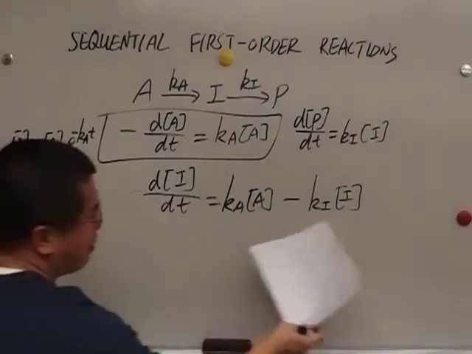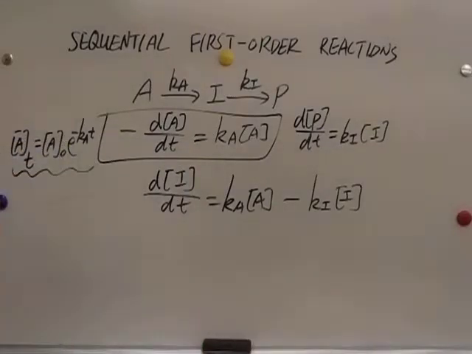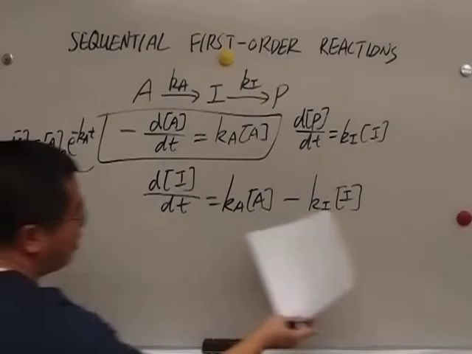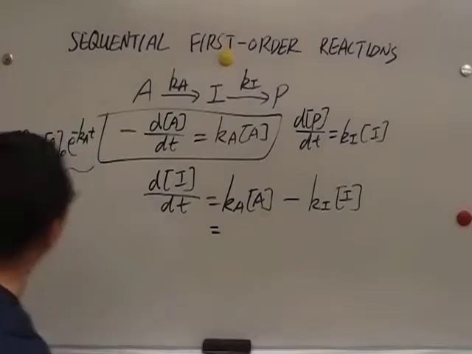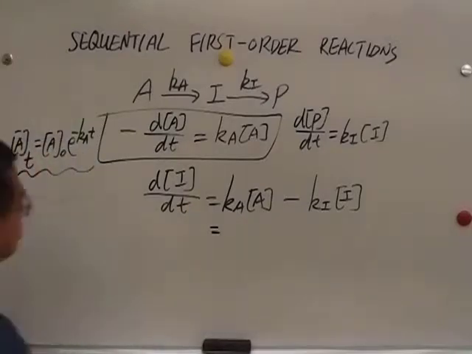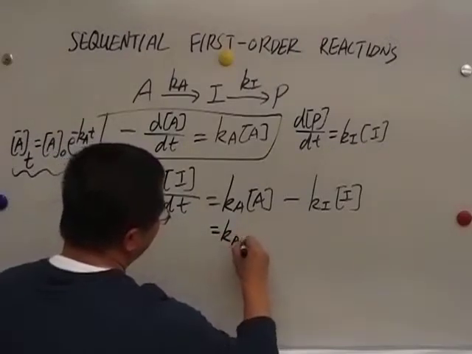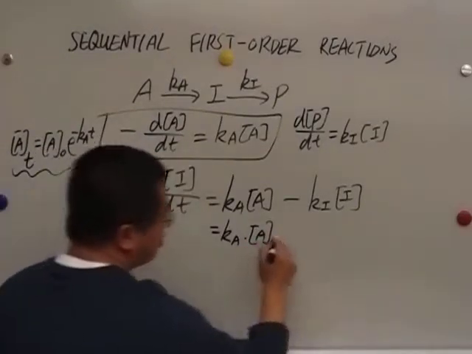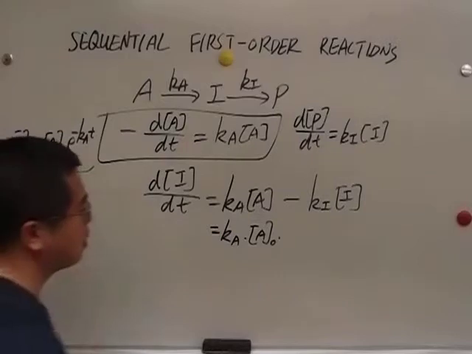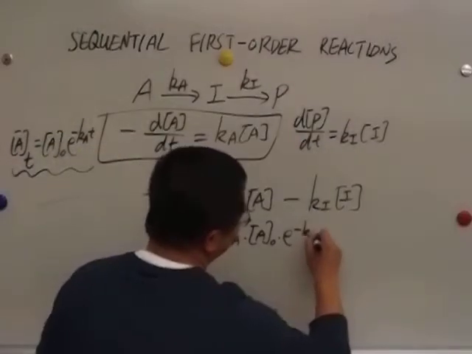How about this one? This one also contains three variables, I, A, and t. However, we know the expression of A. Okay, it's right here. So it's Ka times the initial concentration of A times the exponential function here.